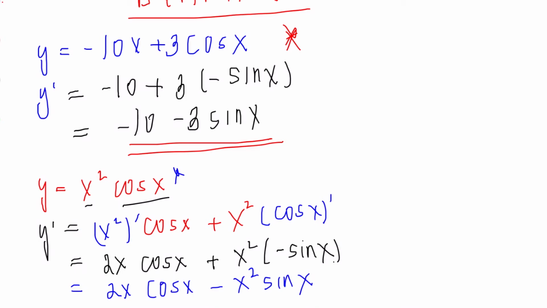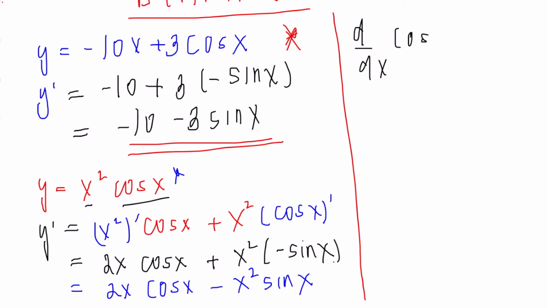Okay, so what you need to understand here is you need to master the derivatives of trigonometric functions. For example, if you want to find the derivative of cos x, you need to master them at least. What will it give you when you differentiate cos x?